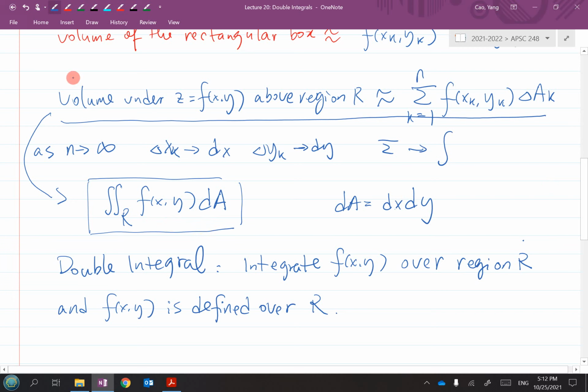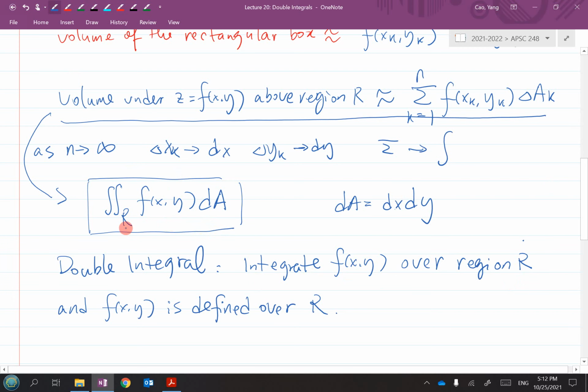So irrespective of whatever the physical meaning is, when you see this double integral, what you're doing is integrating this function over the region R.